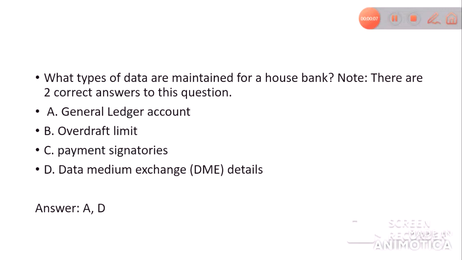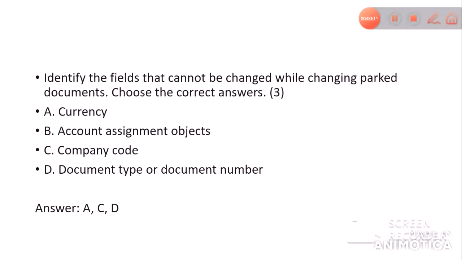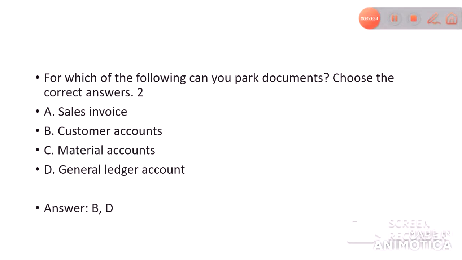Identify the fields that cannot be changed while changing parked documents. As we discussed, it should be currency, company code, and document type or document number: A, C, and D. For which of the following can you park documents? A sales invoice is created under SD, so we don't have any control there.